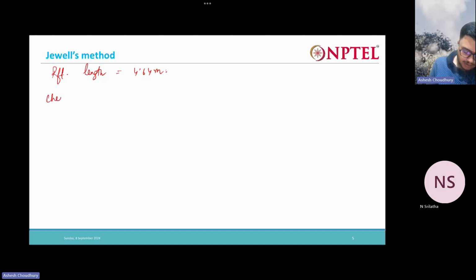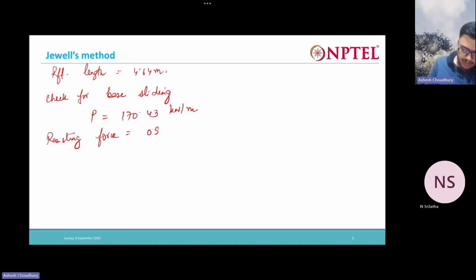Okay, now check for base sliding. So this is our lateral force that is acting. Now what is the resisting force? It is 0.8 times 1035. 0.8 is the coverage ratio. 0.35 into length times the equivalent height times 19, that is the unit weight, times 0.5, because we are averaging this.